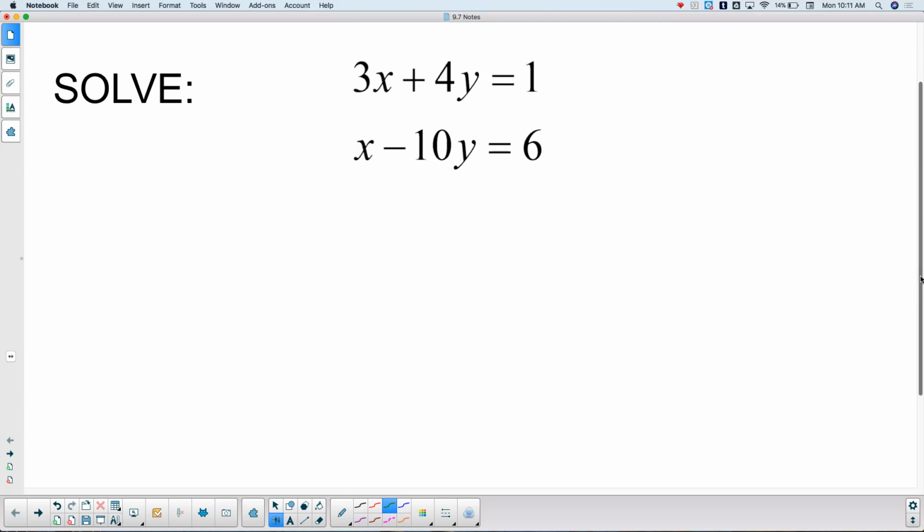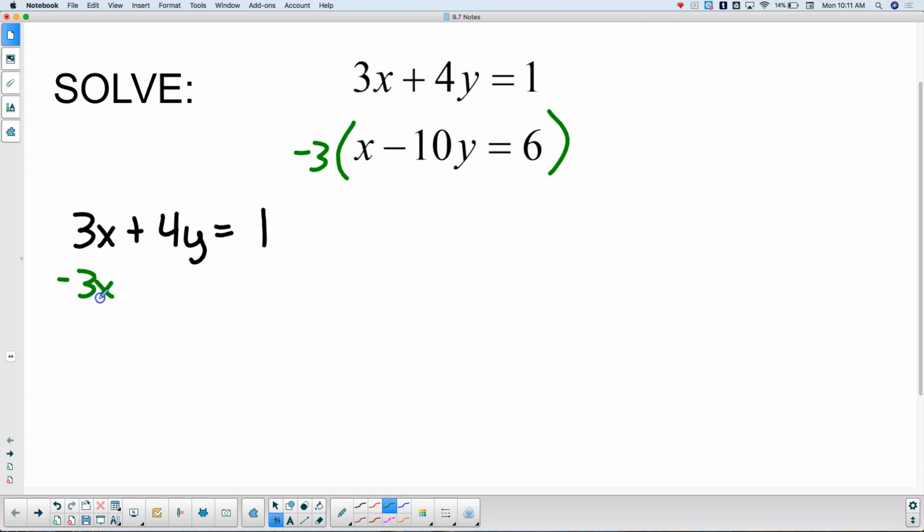Okay, of those three. So I'm going to multiply this bottom equation by -3. That gives me a top equation of 3x plus 4y equals 1. That gives me a bottom equation of -3x plus 30y equals -18.